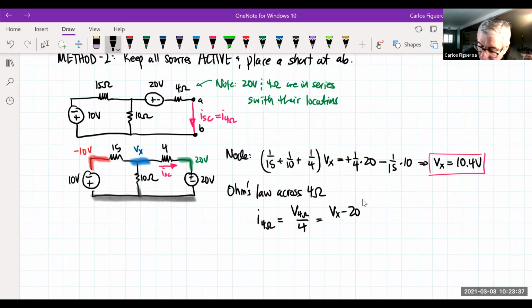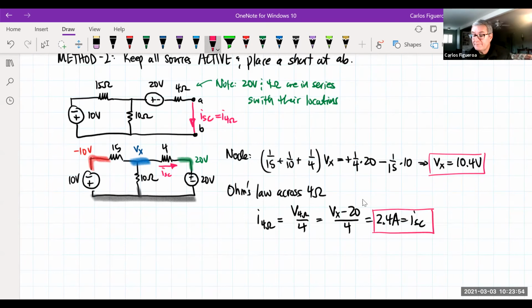Vx minus 20 divided by 4. And if I plug that in, you're going to find here that this guy becomes 2.4 amps. But wait a minute, that's the same as I short circuit. Okay, that's I short circuit.